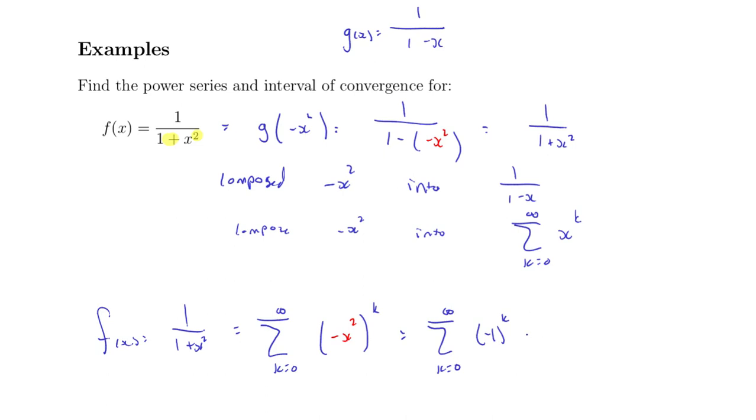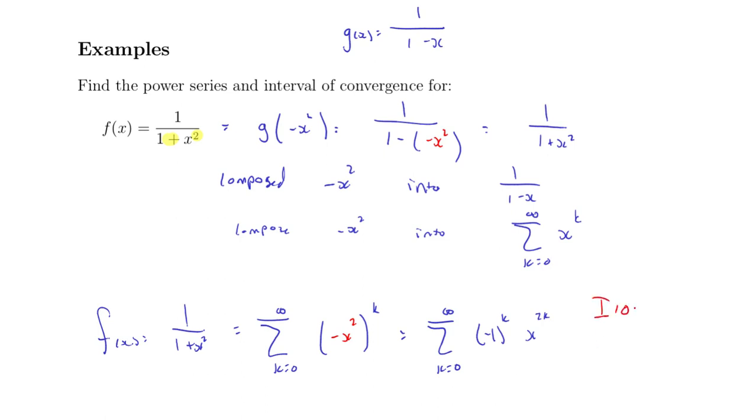And then x squared raised to the k is really x to the 2k. So this is the alternating series with even exponents, right? You put in 0, you get an exponent of 0. You put in 1, you get an exponent of 2. If you put in 2, you get an exponent of 4. Multiplying these exponents by 2 is just forcing this to be even for our exponents.